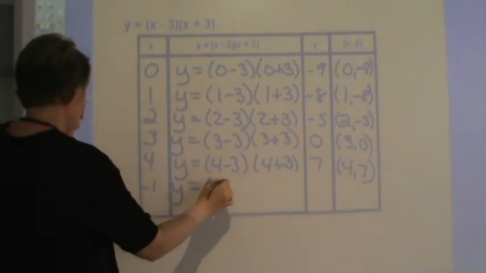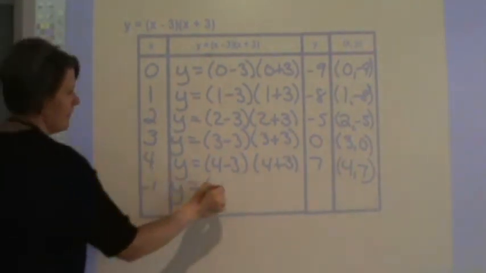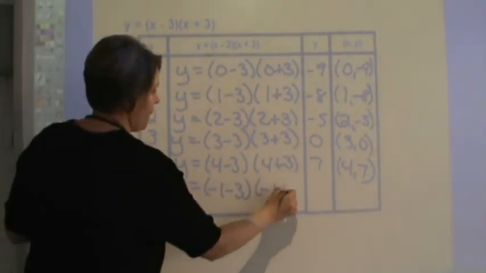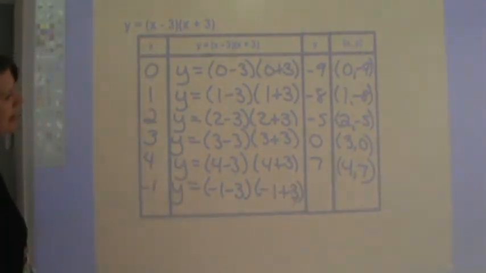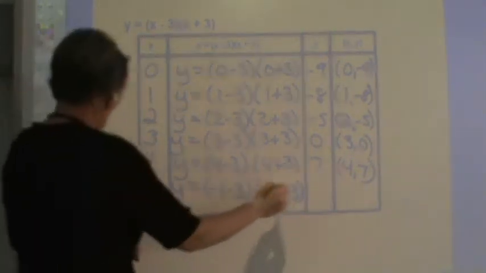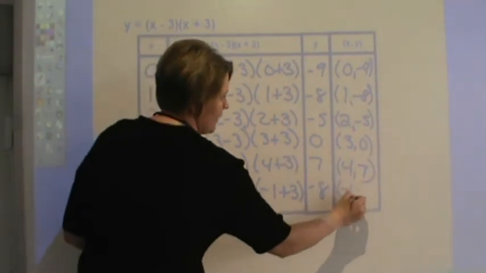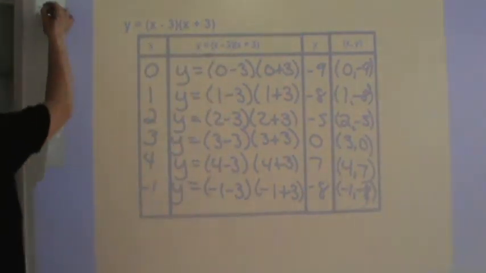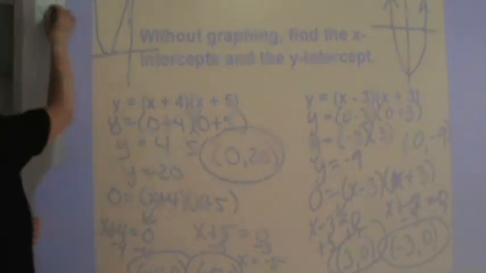Okay, now let's go -1. Oops, that's a minus. Okay, so that would be -4 times 2 is -8. Okay, so -1, -8. Oops, wrong way.